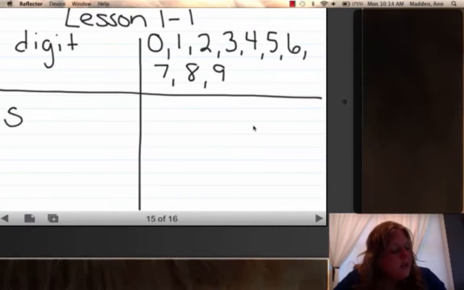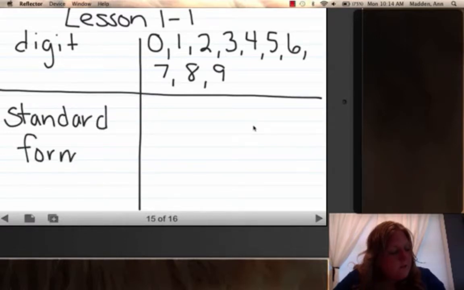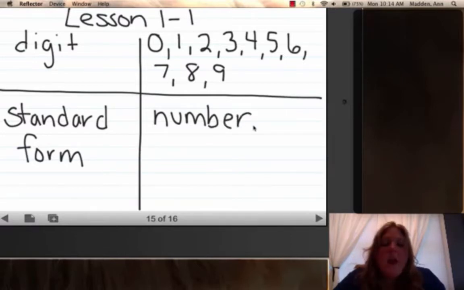We had standard form. Standard form, remember, is just the number. And I'm going to write an example here down below. EX period is an abbreviation for example.